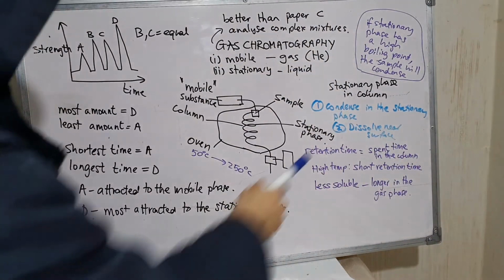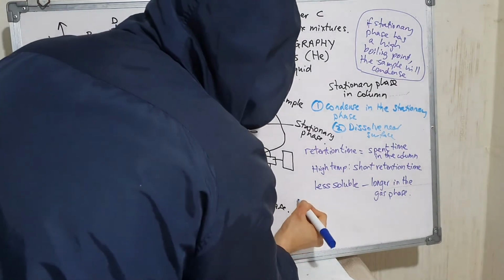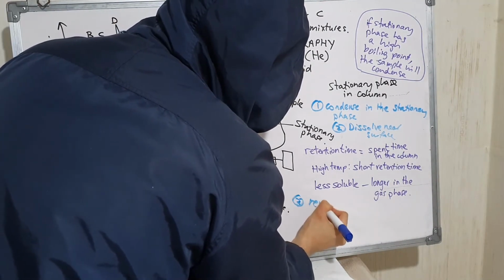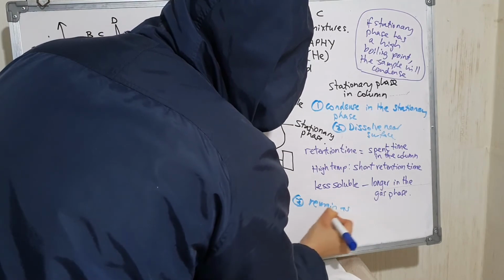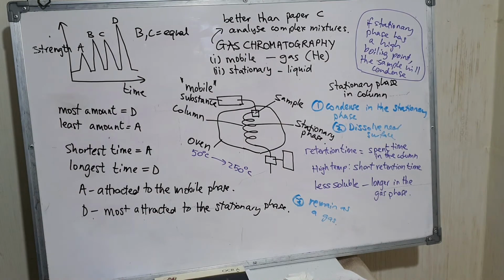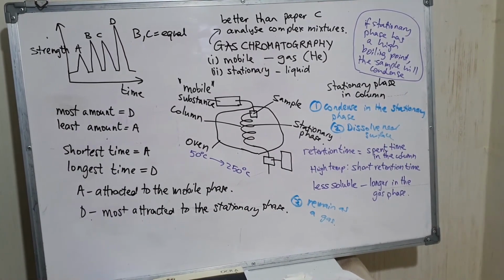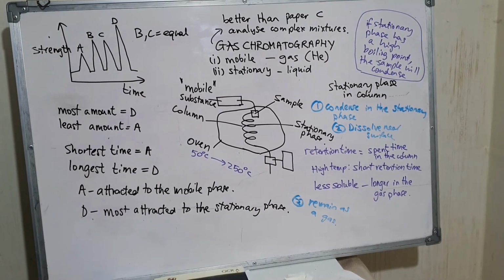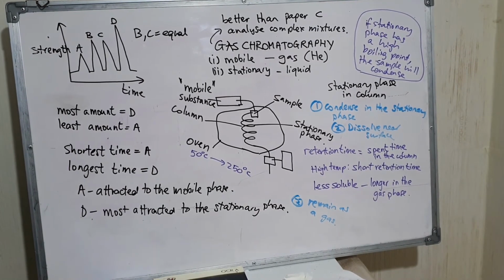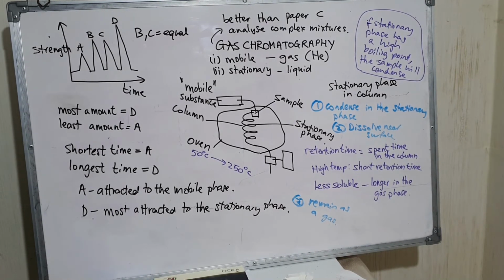Number two, it could dissolve near the surface. Or number three, it could remain as a gas. So number one, it could condense in the stationary phase. That is if the boiling point of the liquid in the stationary phase is high, then the sample will condense in the phase, or it could dissolve near the surface, or it will just remain as a gas, meaning it won't condense.